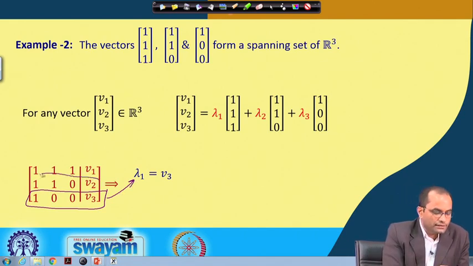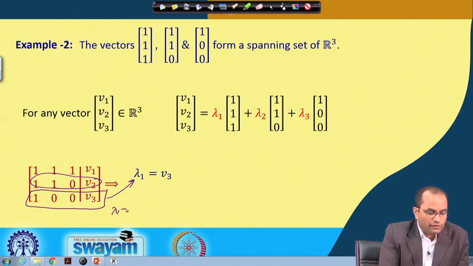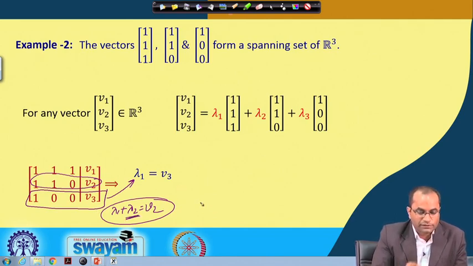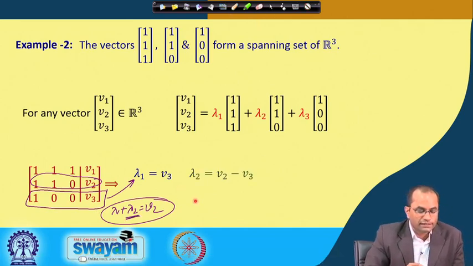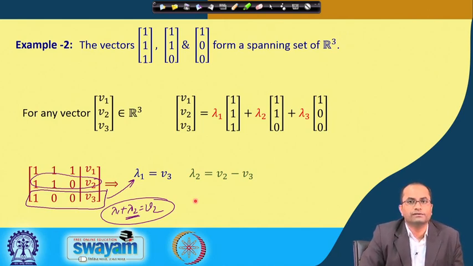Now, we will take the second equation, which tells us that lambda 1 plus lambda 2 is equal to v 2. So, from here we get lambda 2 as v 2 minus v 3.